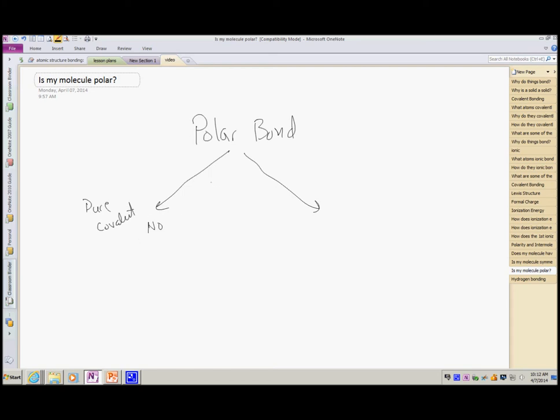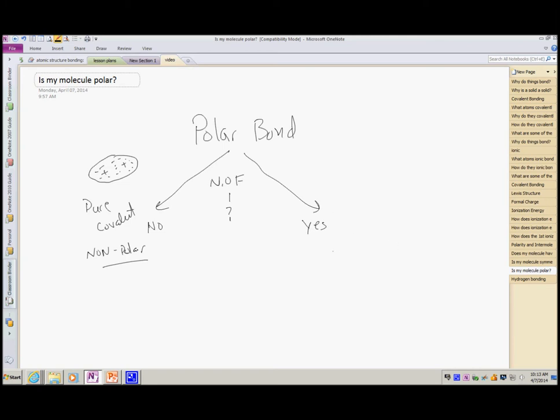So the question is, do I have a nitrogen, an oxygen, or fluorine? If the answer is yes, well then it has to be bound to some other element. If this situation, difference of electronegativity, is not occurring, well then that means our molecule, the electrons and the protons, are evenly spread throughout the molecule, evenly shared, and you are non-polar.